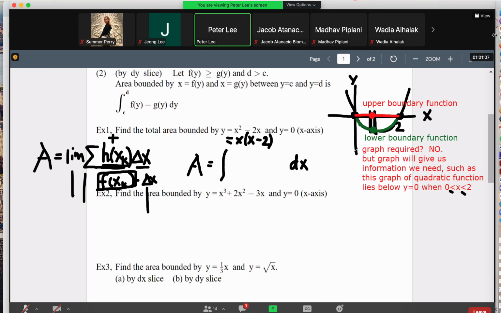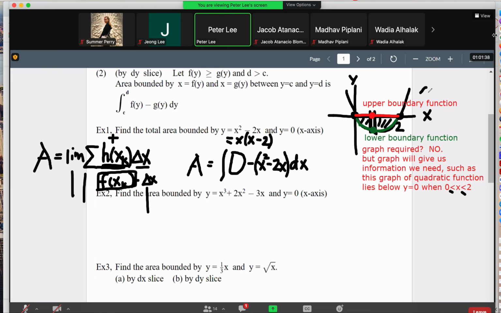The upper boundary function is actually red. That's actually 0. And then minus the lower boundary function. What is the lower boundary function? The lower boundary function is right here, x squared minus 2x. So it is always the upper boundary function minus the lower boundary function. And then we integrate this. Of course, the area in question is this guy right here. This is the only bounded region, the finite region.